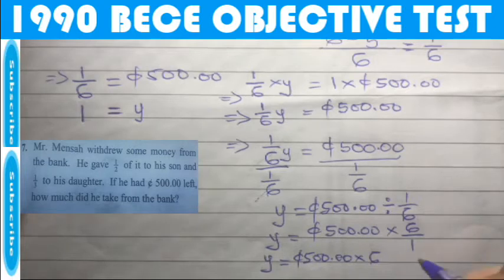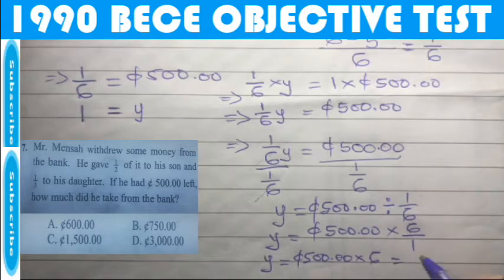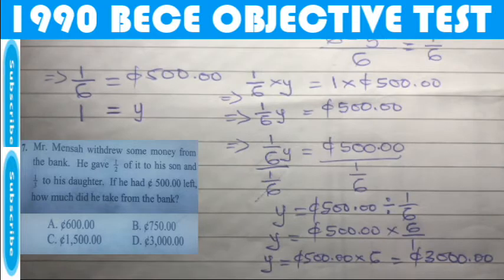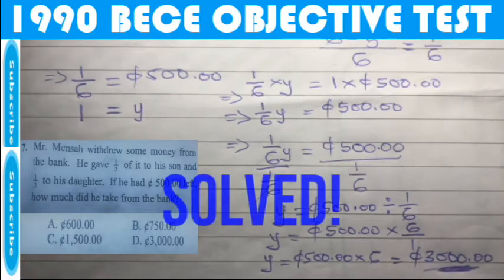Alright. And when we multiply 6 by 500, we have it to be 3,000. So this will give us 3,000 cedis. And that is it. We are done with question 7. So it means that the amount of money the man took from the bank was 3,000 cedis.